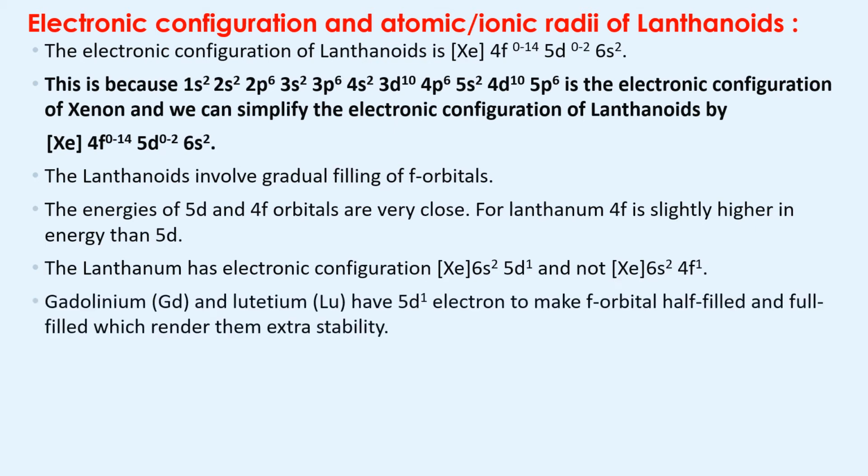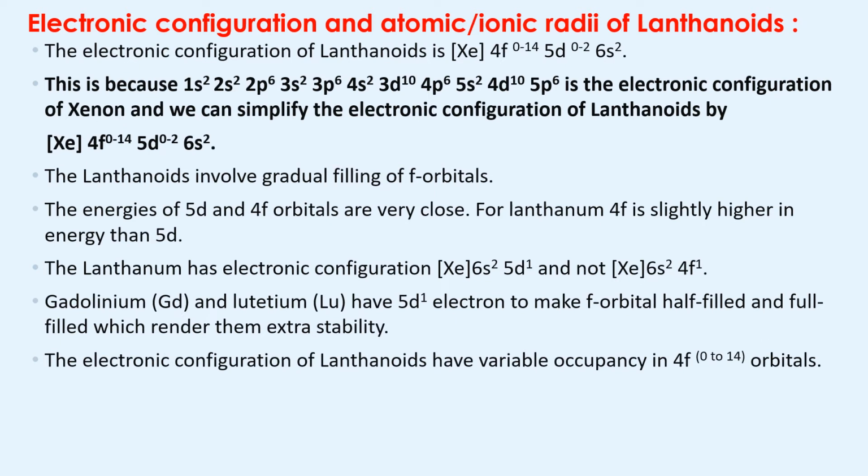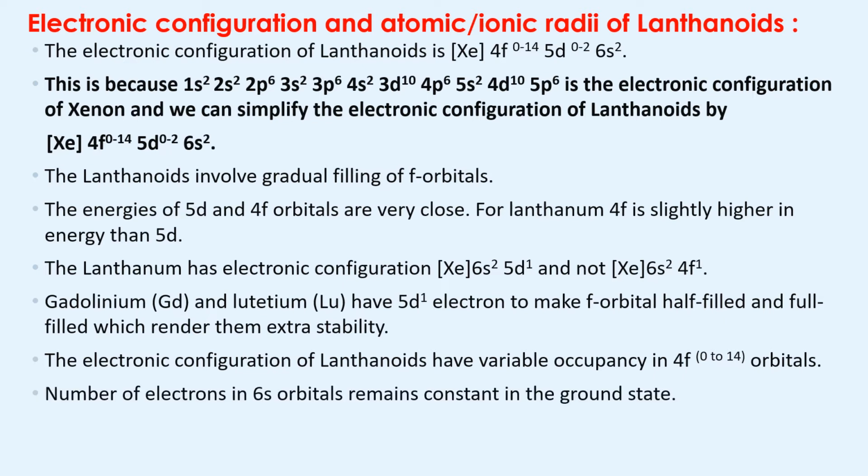Now gadolinium and lutetium have a 5d1 electron to make the f orbital half filled and fully filled. When you see the table for electronic configuration, to know that gadolinium and lutetium have a 5d1 electron, it is because they make their 4f orbital half or fully filled to get extra stability. Now the electronic configuration of lanthanides has variable occupancy, that is 4f 0 to 14 in the orbital.